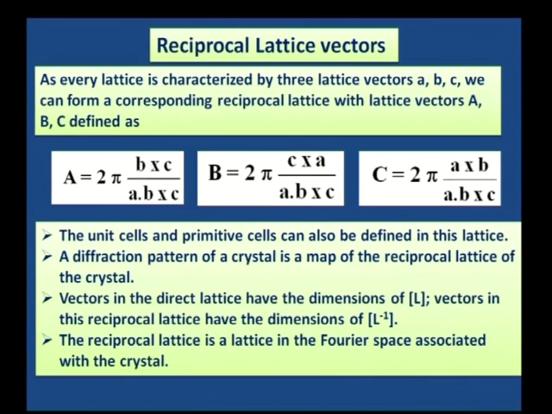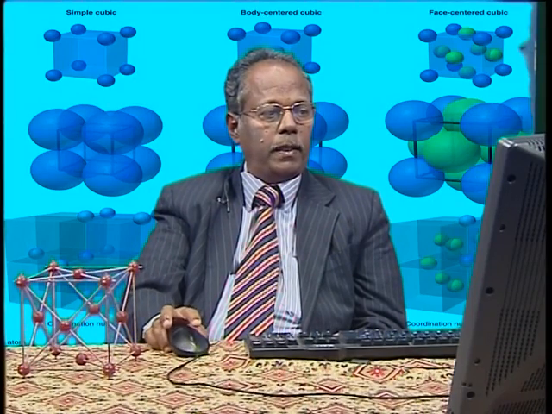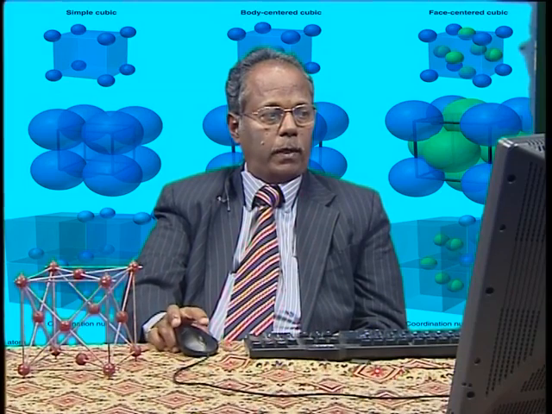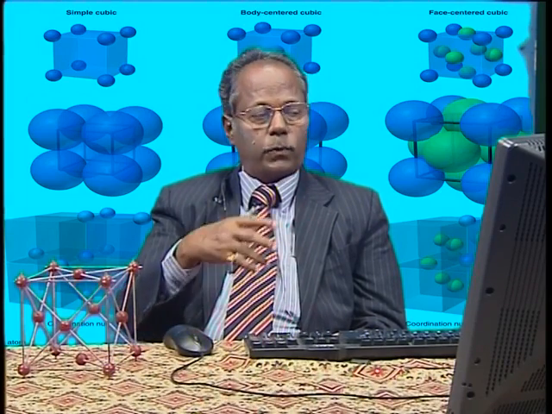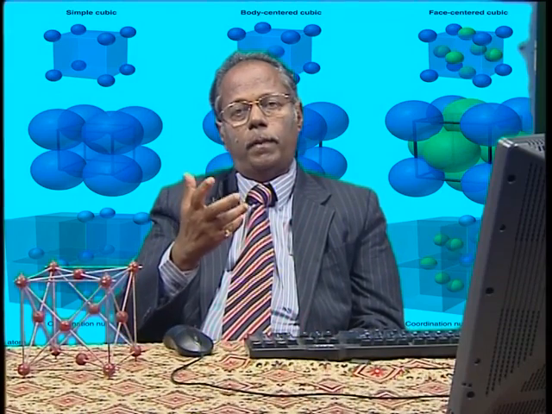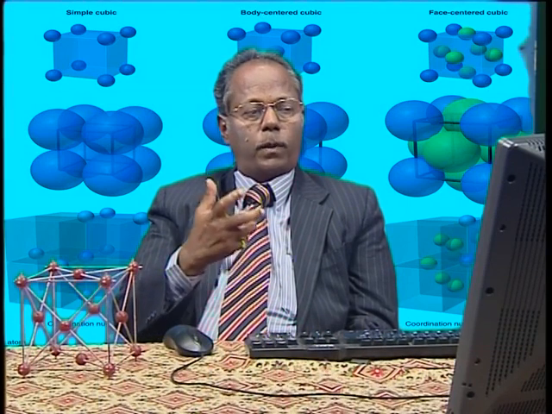If it is a cubic lattice, then a, b, c are all equal. So b c by a, b, c will be 2 pi by a. It is called a reciprocal space because A will be 2 pi by a. So a comes in the denominator. What is the dimension of A? If small a is in centimeter or angstrom, capital A will be angstrom inverse.